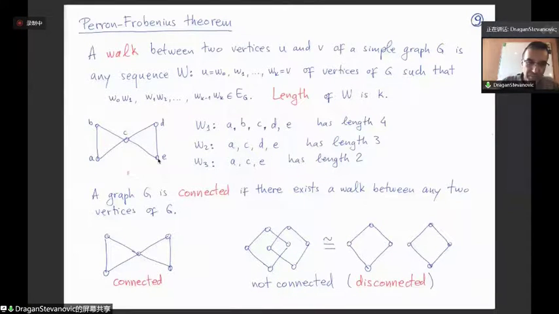Certainly, if there is a walk between two vertices, then there are many walks between them.